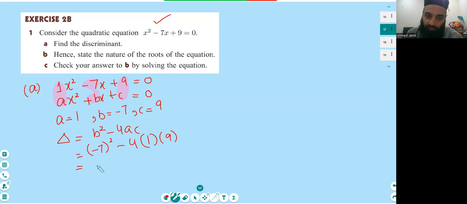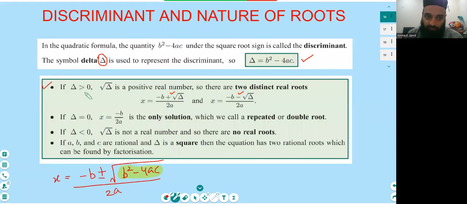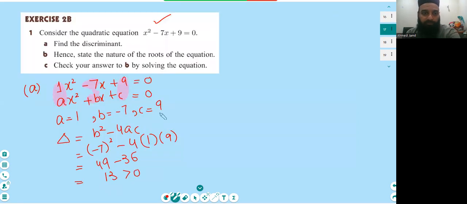So negative 7 squared is plus 49, and minus 4 into 9 is minus 36. And it will give us 13, which is obviously greater than 0. So this is the case when delta is greater than 0 or positive, and we have two distinct real roots, right?